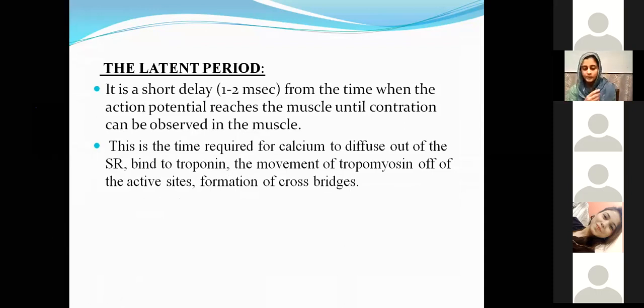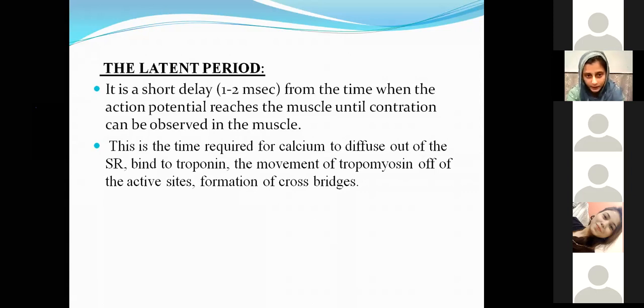and formation of cross-bridges. अच्छा, ये excitation contraction coupling mechanism आप लोगों ने इससे पहले पढ़ा होगा कि उसमें calcium किस तरीके से release होता है sarcoplasmic reticulum से, and then it binds to the troponin, and troponin exposes करता है active sites को, and then the tropomyosin moves and forms your cross-bridges. और फिर एक पूरा phenomenon था which you have already learned कि excitation contraction coupling mechanism में क्या हो रहा होता है.